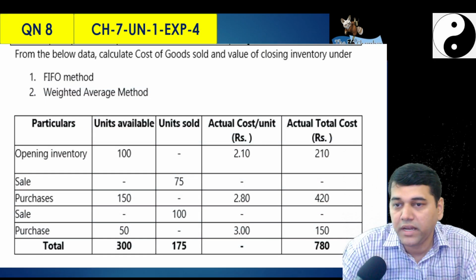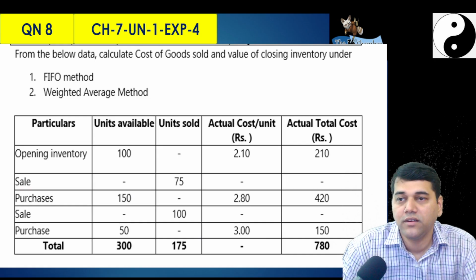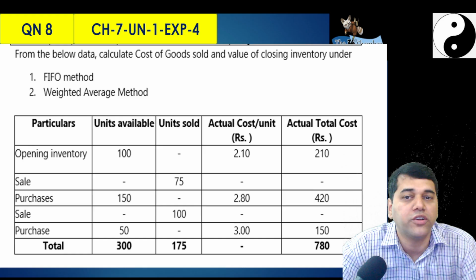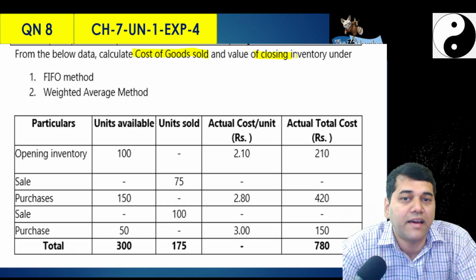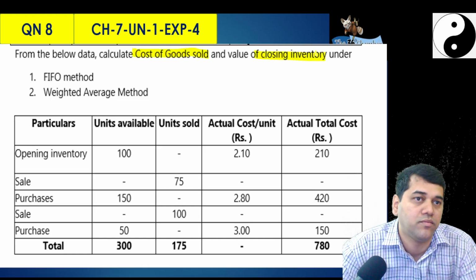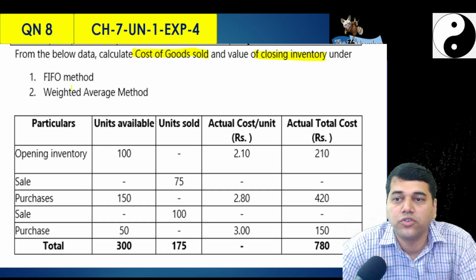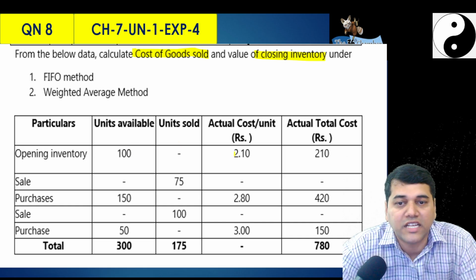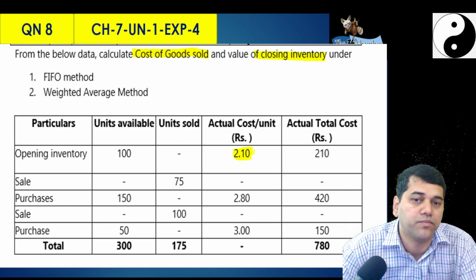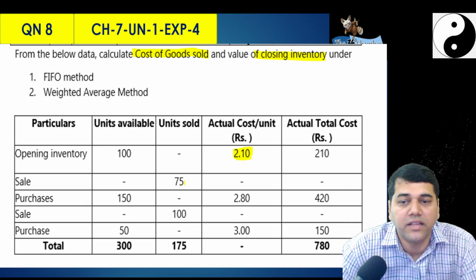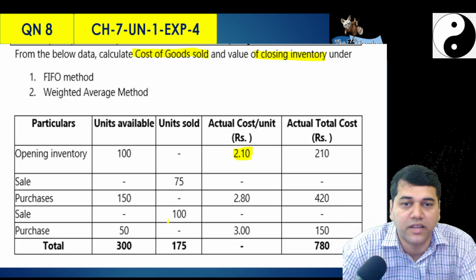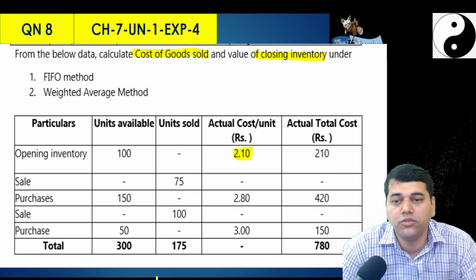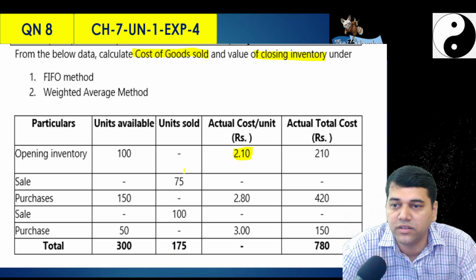Now question number 8. From the following data, calculate the COGS and value of the closing stock. So the FIFO method and the weighted average method. So opening inventory is there. Actual cost 2.10. Purchases, sales are happening, and you got the closing units here, correct?